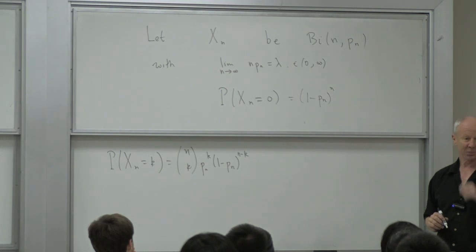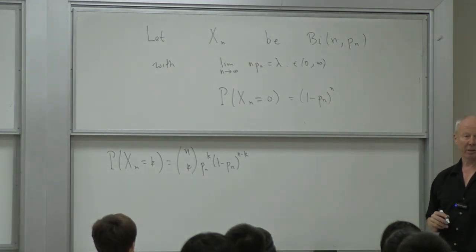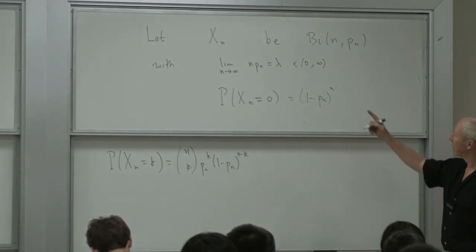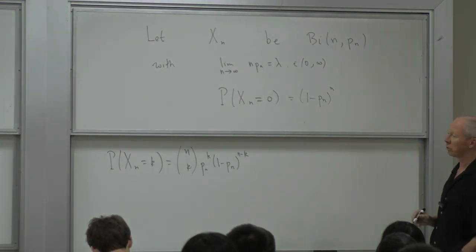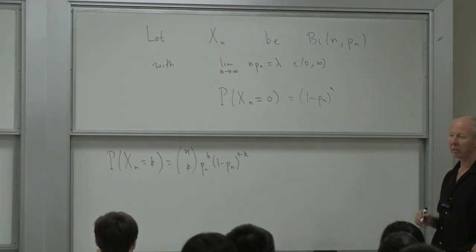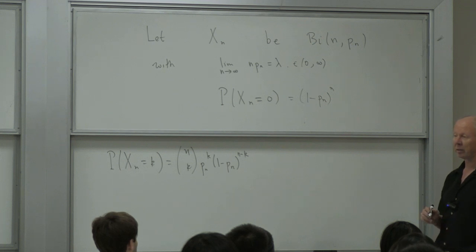How can we tell? Well, what information do we have about Pn? Only one piece of information is given: n times Pn is converging to lambda. For simplicity, why don't we just assume n times Pn is equal to lambda? The same argument will work.